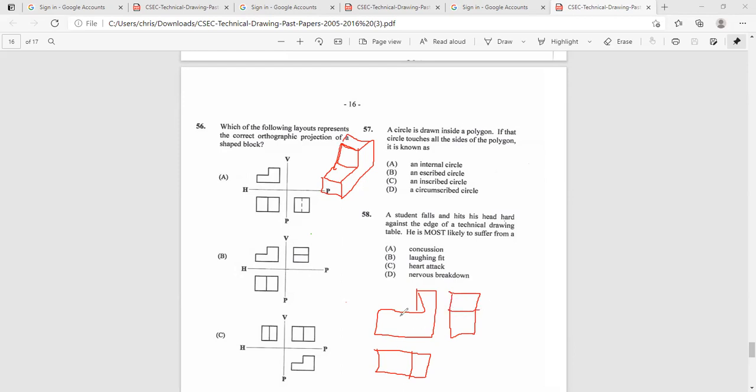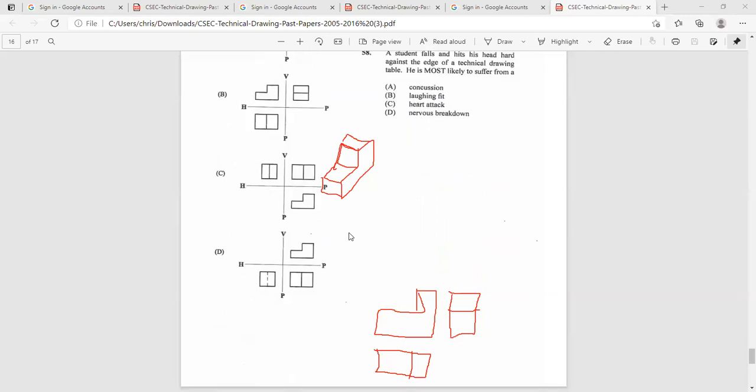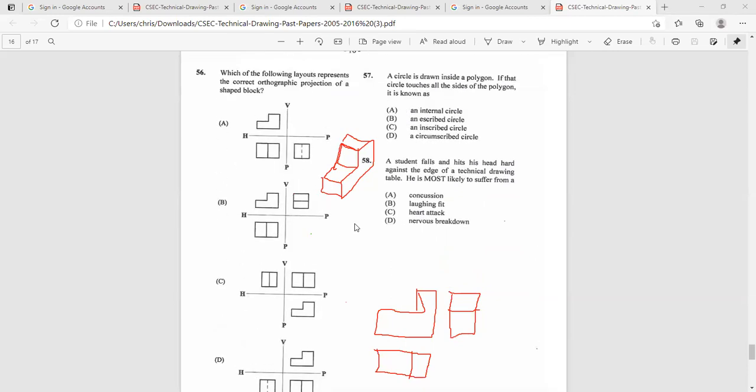So the one that looks like this is the right one. No, not that. Not that. Oh, this is the one. This is it.